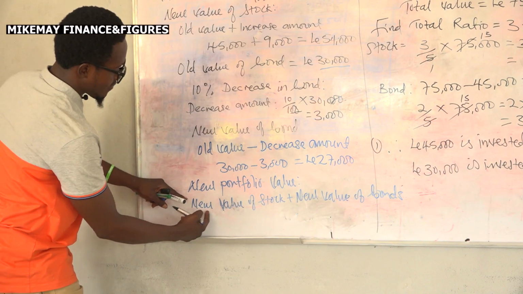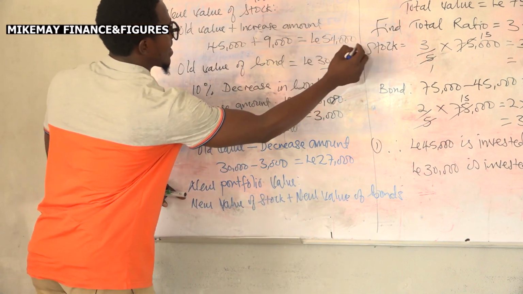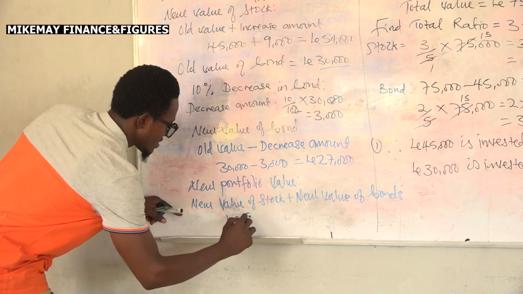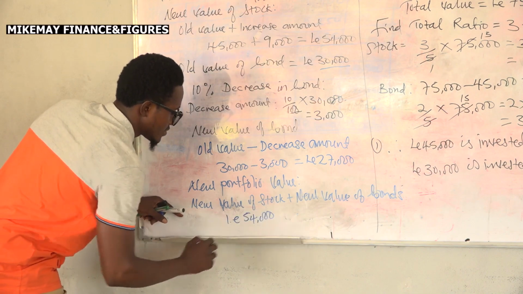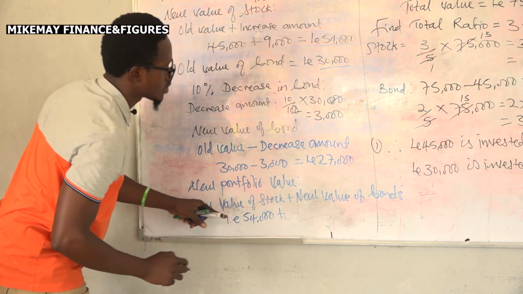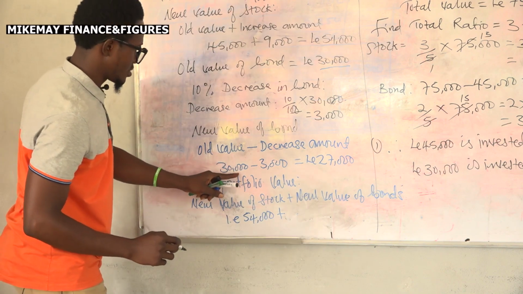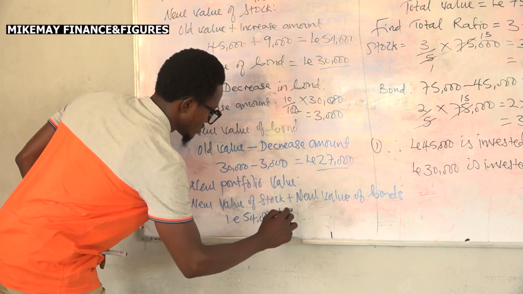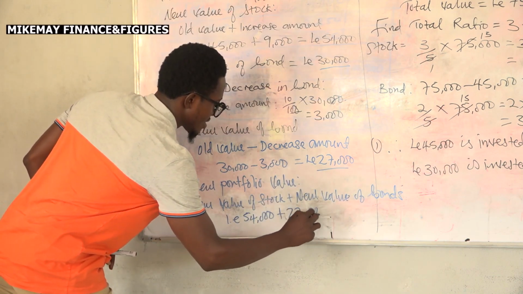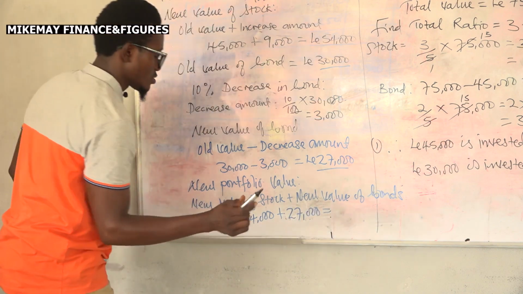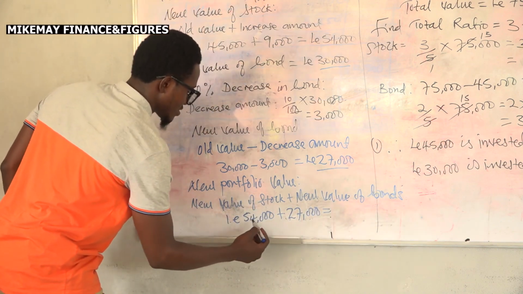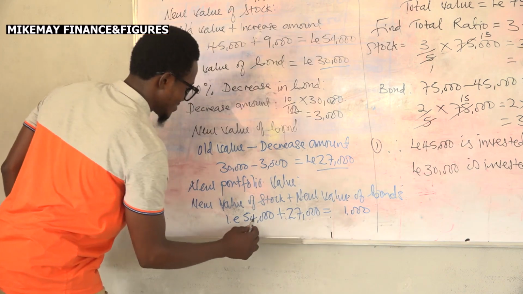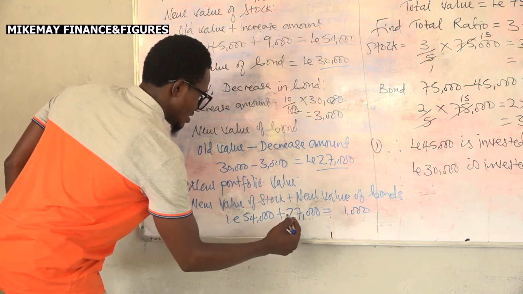So the new value of stock as calculated here is 54,000 leons plus the new value of the bonds calculated is 27,000. All right? So agree with me that 7 plus 4 is 11.